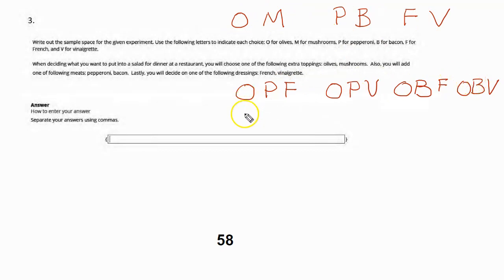Now, we're going to let you do the second row and see what you come up with. But this time, you're going to choose the M and see if you can get the other choices. So hopefully something like that.